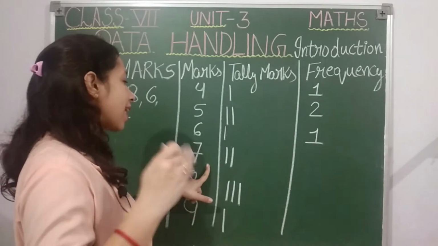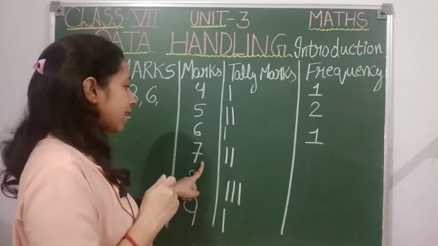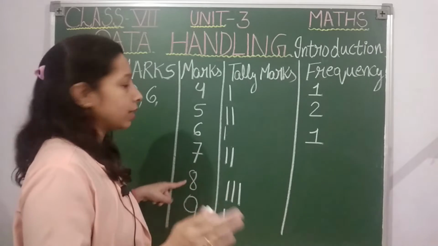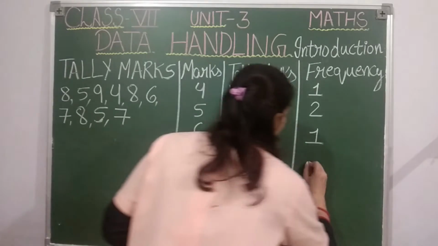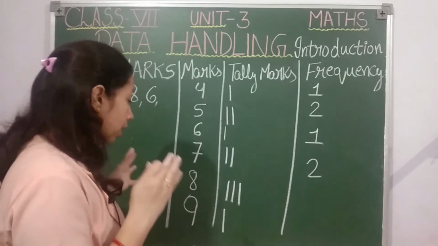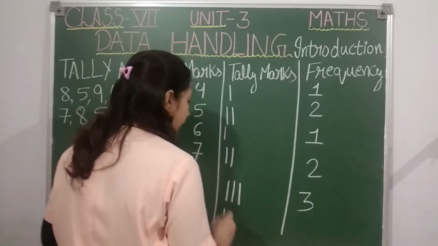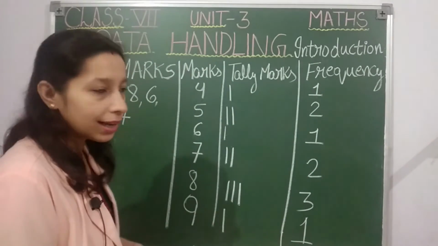How many times is 7 repeated? 2 times, means 2 students scored 7. So here I can write 2. 8: 3 times, 3 students got 8. So here I will write 3, and 9 is scored by only 1 student. So at last 1. Clear students?